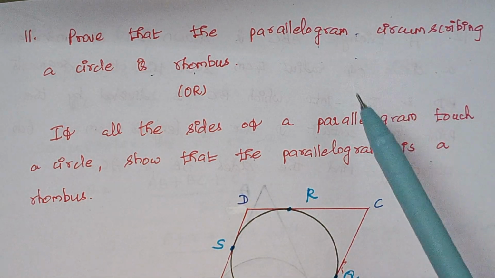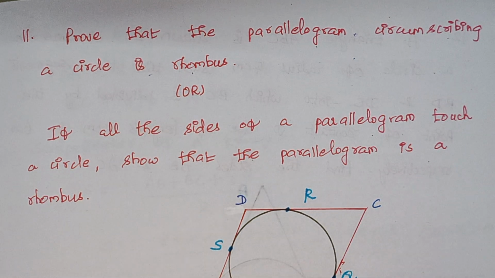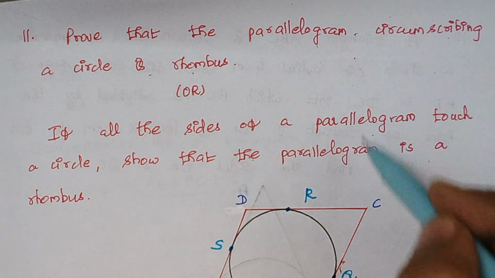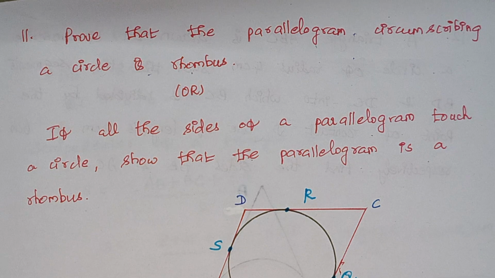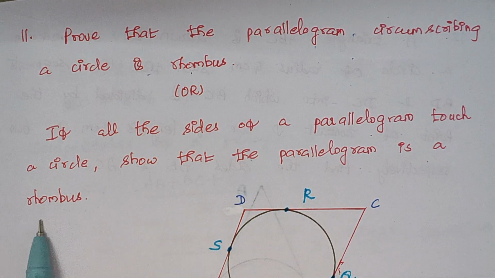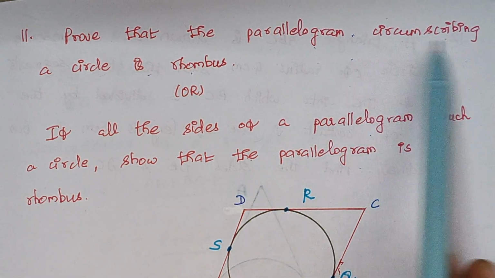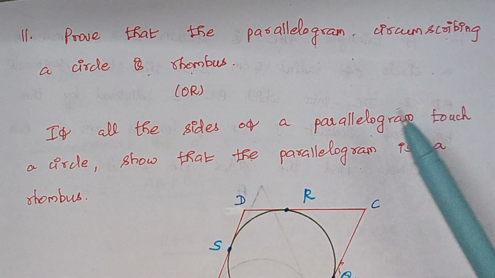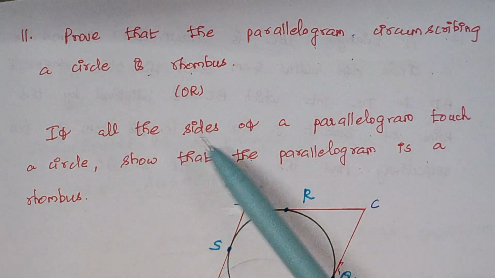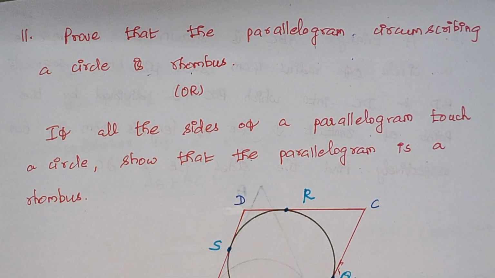Both questions hold the same meaning, and the answer is the same. Finally, we have to prove that a parallelogram is a rhombus. Here they have used the word circumscribing, instead of which the other question says all the sides of a parallelogram touch a circle.